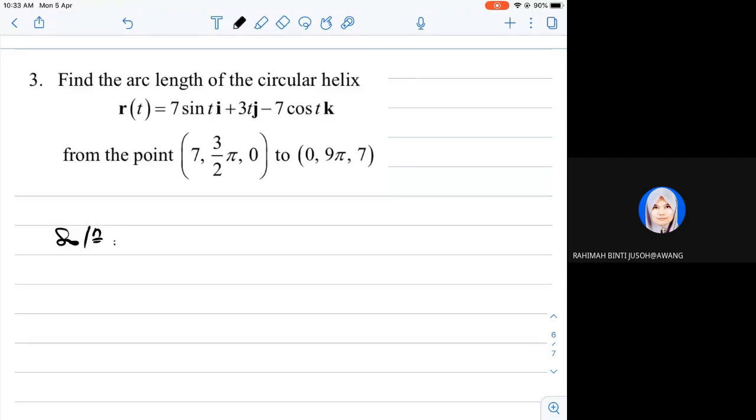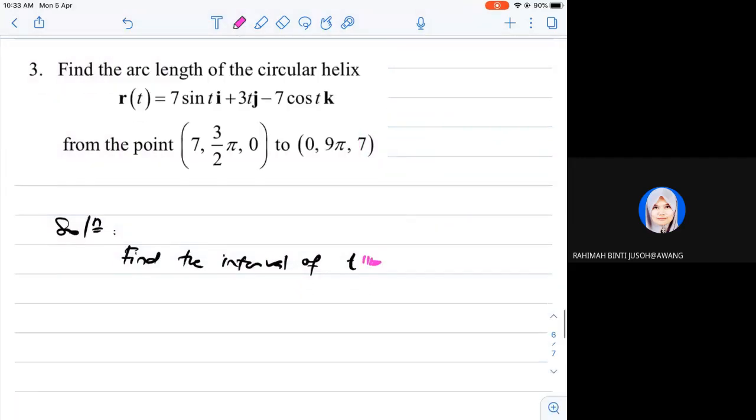Apa maklumat yang tak ada dalam ni? Interval of T. Yes, very good. We don't have the interval. Okay, very good. Well done. So first of all, we need to find the interval of T. Okay, we need to find the interval of T.